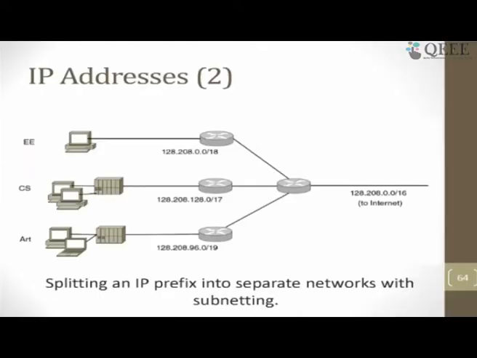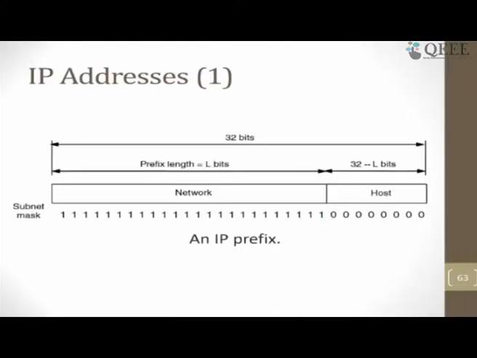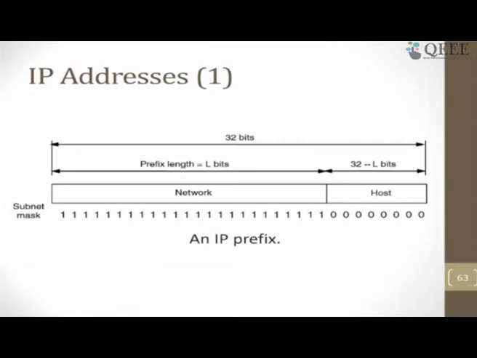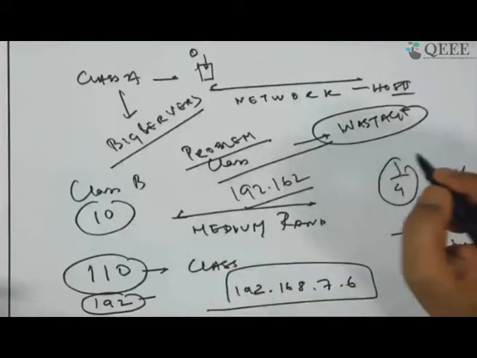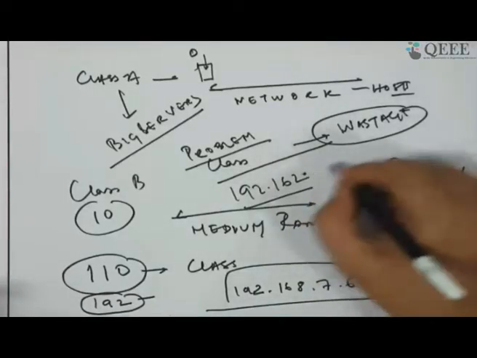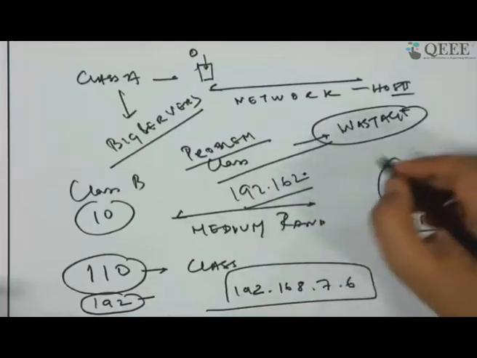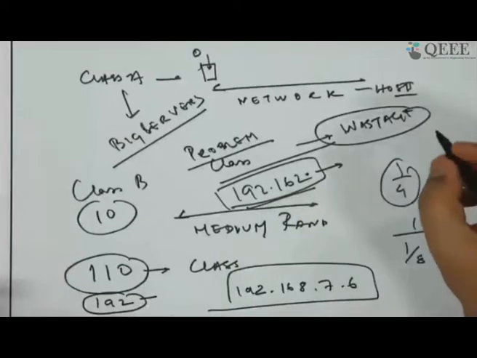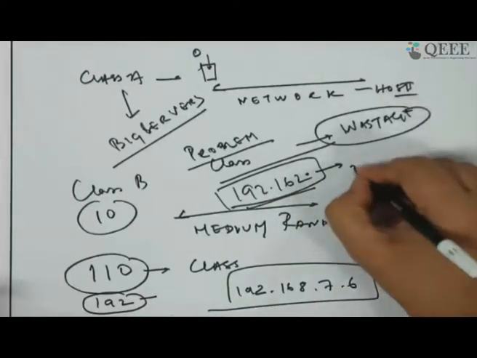But what is the problem with class oriented architecture? The problem is there is a lot of wastage. If you give 192.162 to some organization, how many IPs does this organization have now? 2 to the power 16.